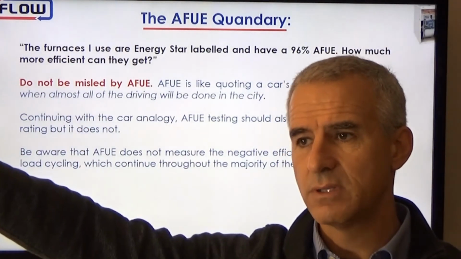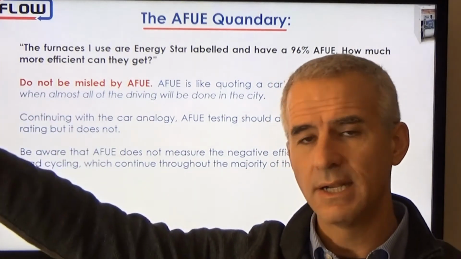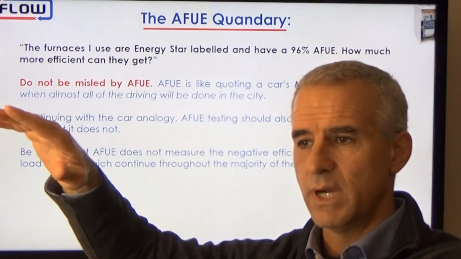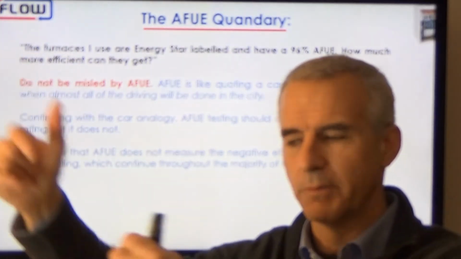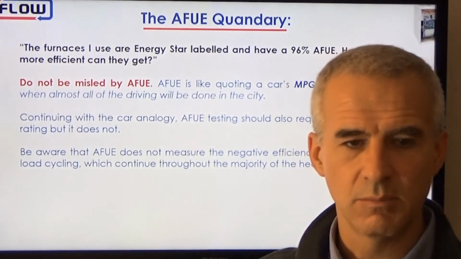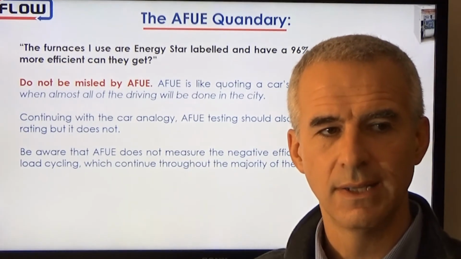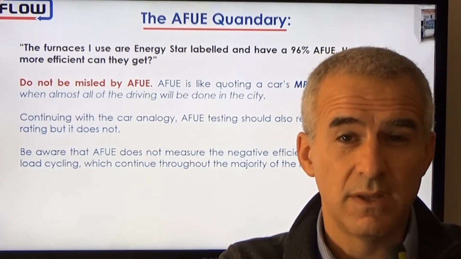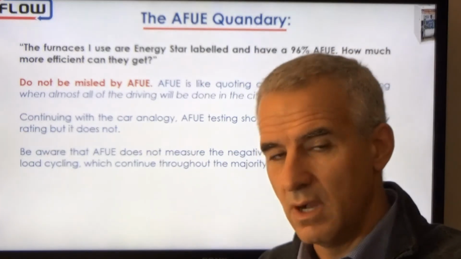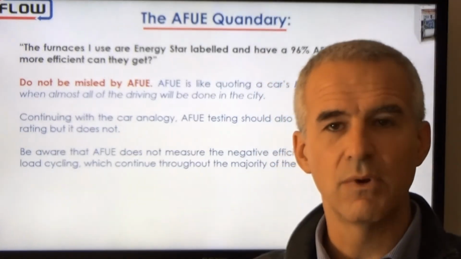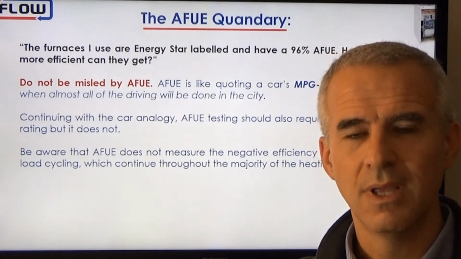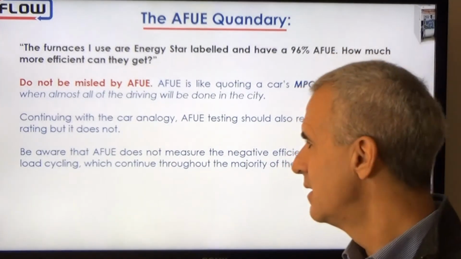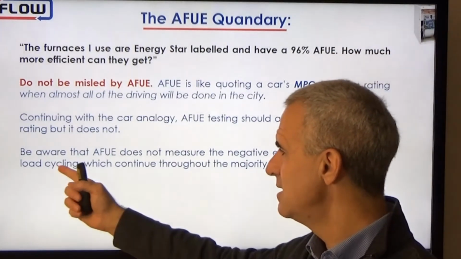I run it at that capacity, I test my efficiency, and I'm going to get a good number. Even at minimum, I run it at minimum, it's fine for that. Let's say the 10 minutes that it's on versus the 10 minutes that it's off. I run it and I get a decent number. But it's the cycling that's not taken into effect.